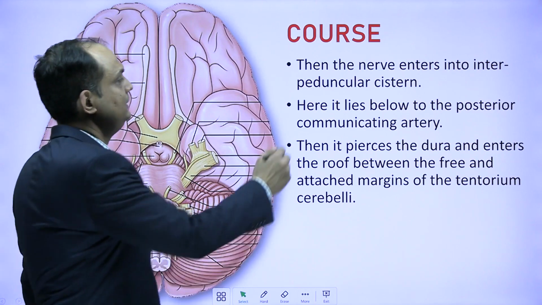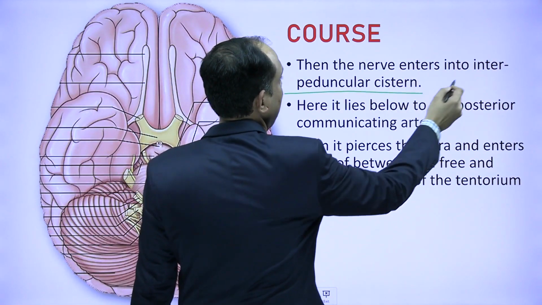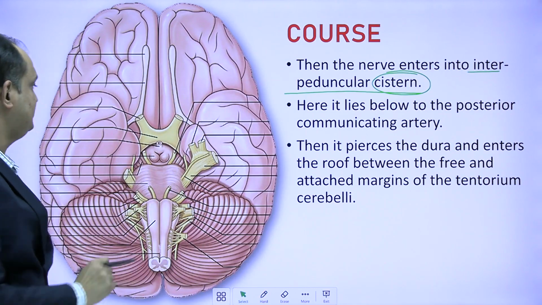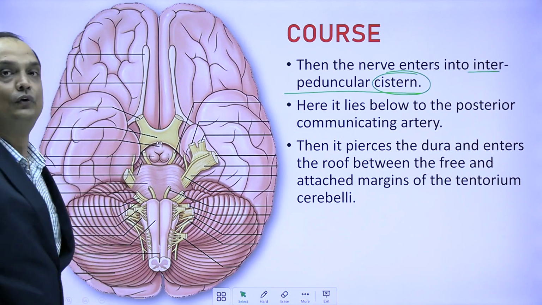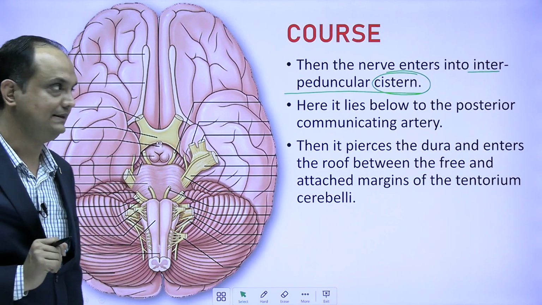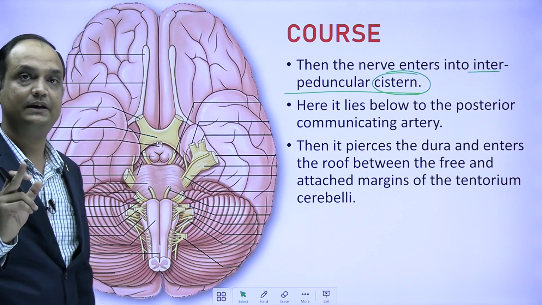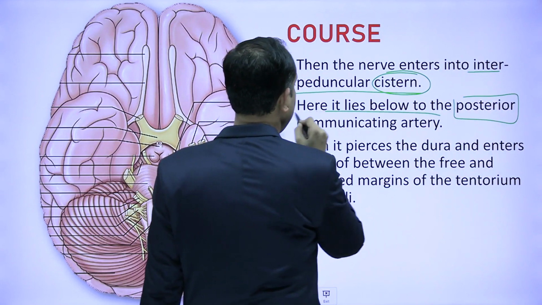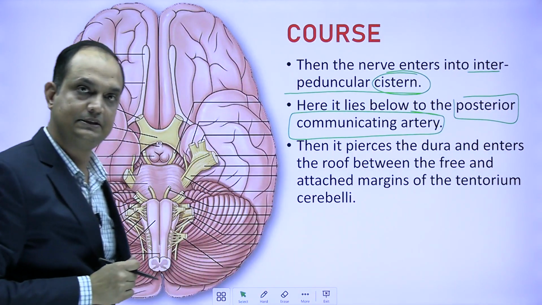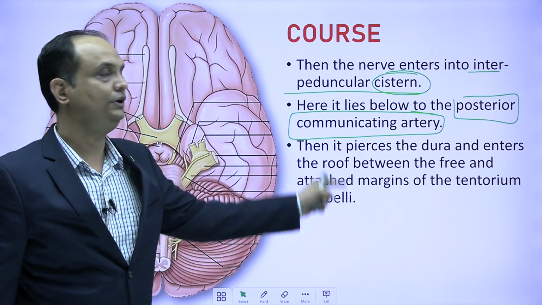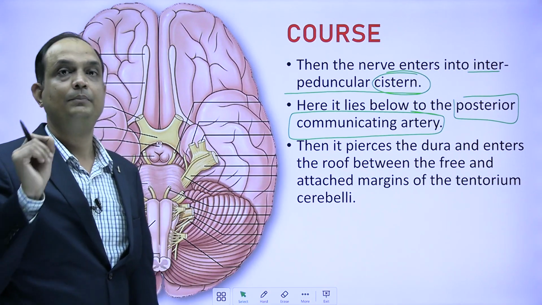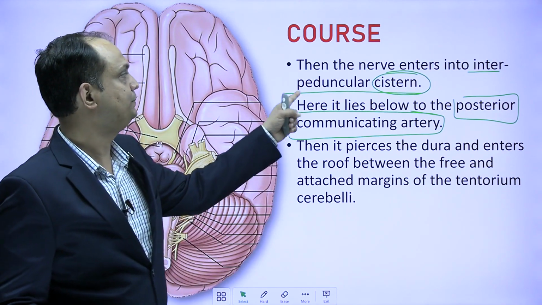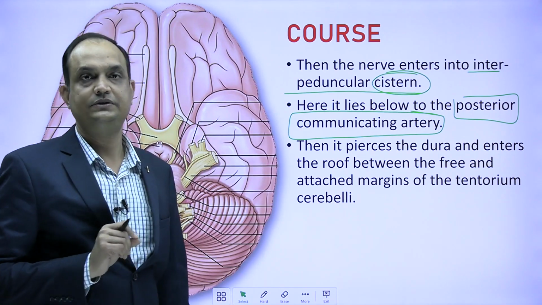The nerve enters the interpeduncular cistern. What is a cistern? It is a dilated subarachnoid space present in the interpeduncular fossa. In this interpeduncular space you have one more artery, the posterior communicating artery of the circle of Willis. Again, a posterior communicating artery aneurysm may lead to compression of the oculomotor nerve because of close proximity in the interpeduncular cistern.